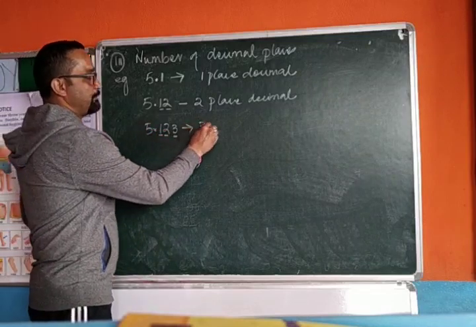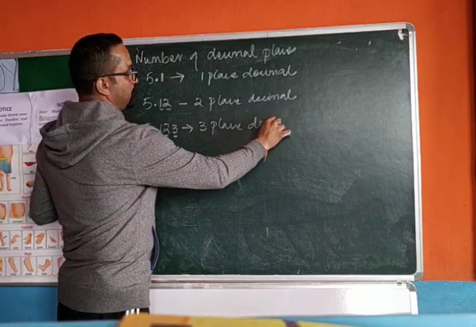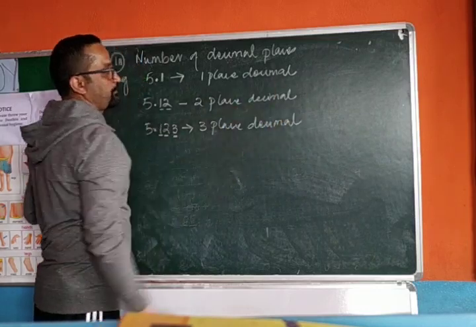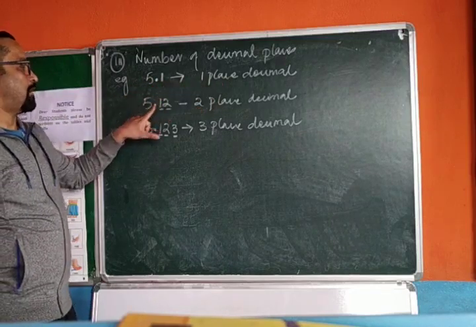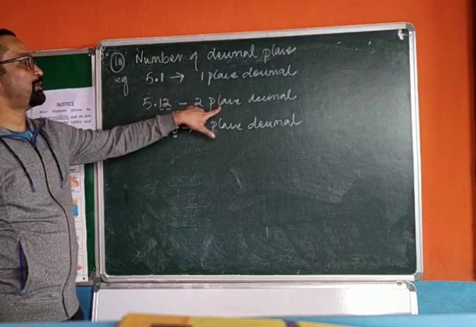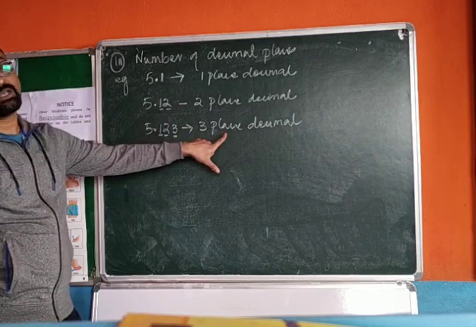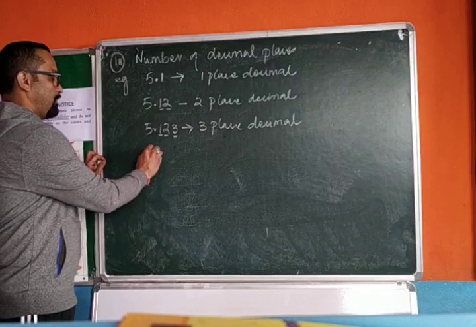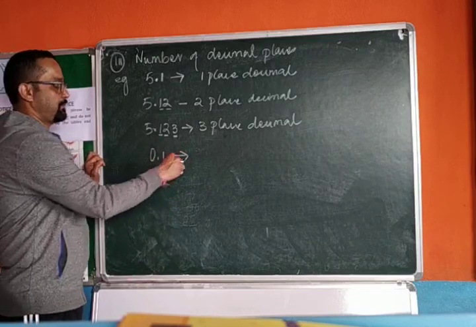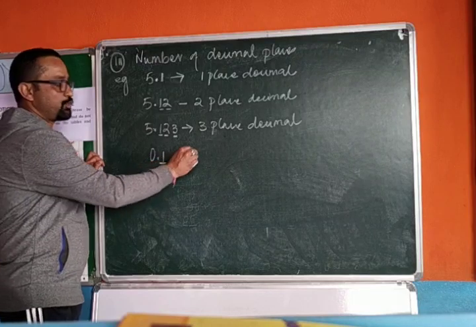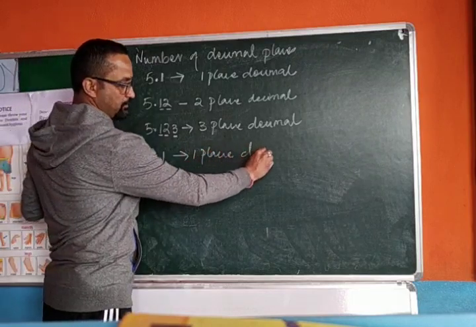It is called three place decimal. After decimal, one digit, one place. After decimal, two digits, two places. After decimal, three digits, three places decimal. 0.1. How many places decimal? There is only one digit, so it is one place decimal.